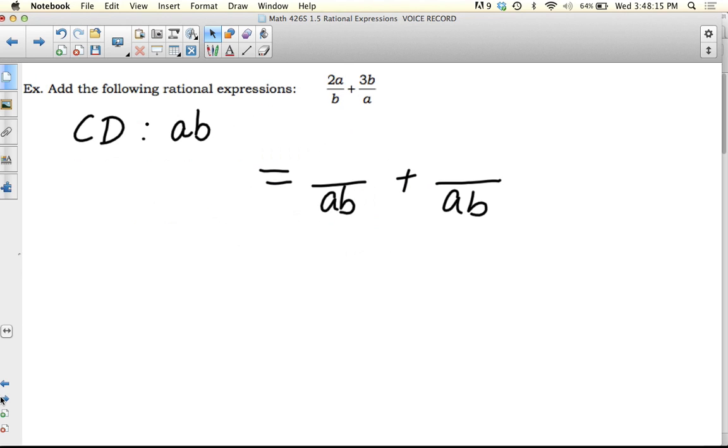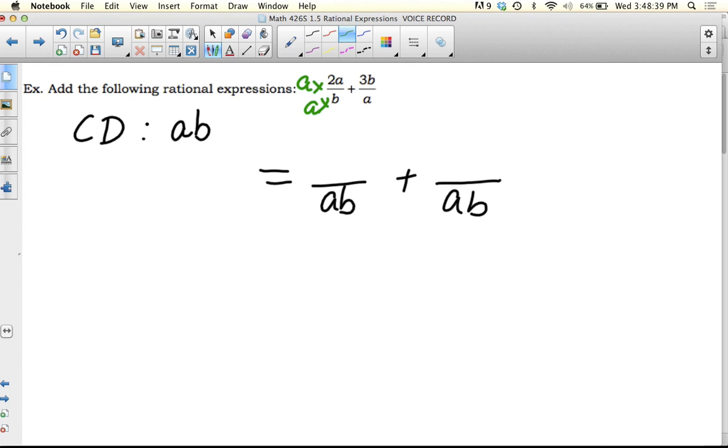So now that I have these two fractions over ab, I have to look at how they're different from the original. If you look at the first one, 2a over b, the b now became an ab at the bottom with the denominator. So what changed? It got multiplied by a. So I'm going to multiply the denominator by a, but I also multiply the top. So a gets multiplied at the top.